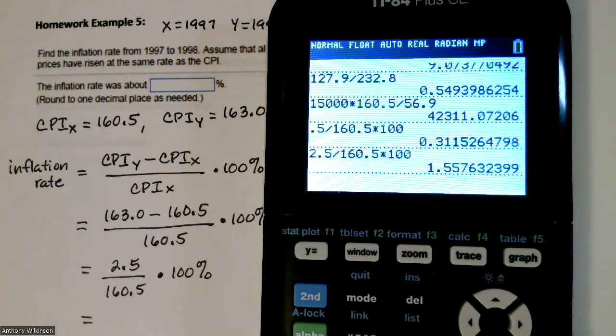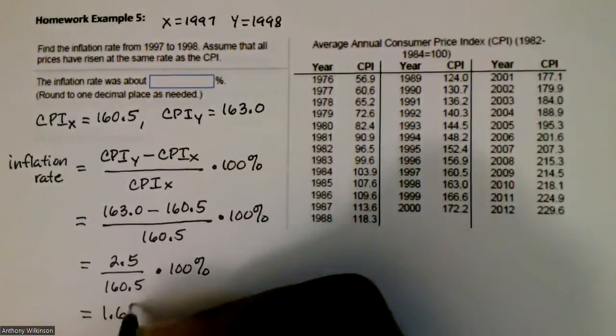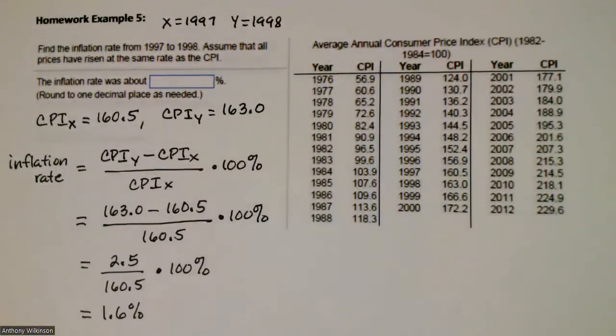Here we go. So to one decimal place, this will be approximately 1.6. So the inflation rate from 1997 to 1998 is 1.6%.